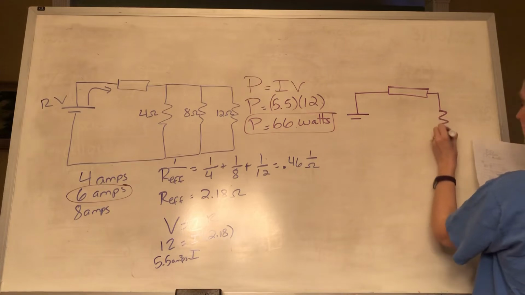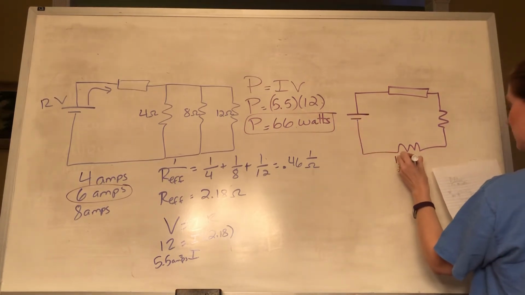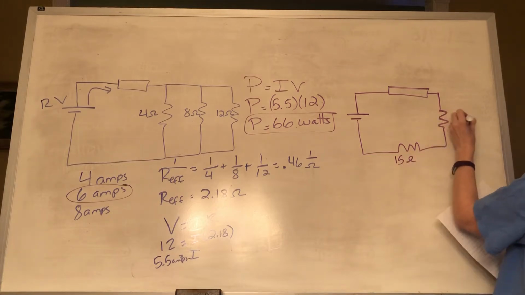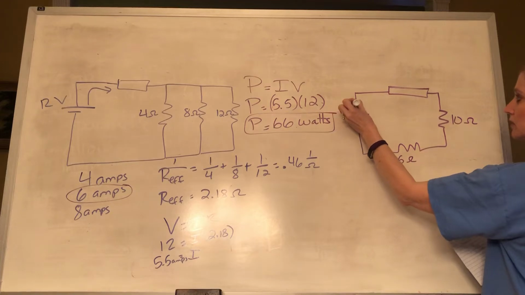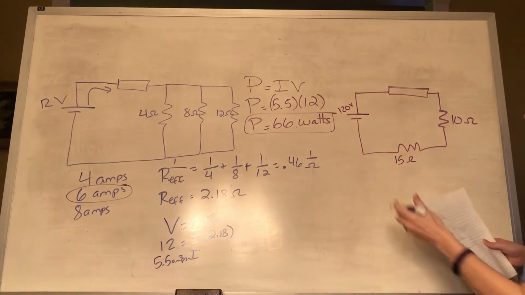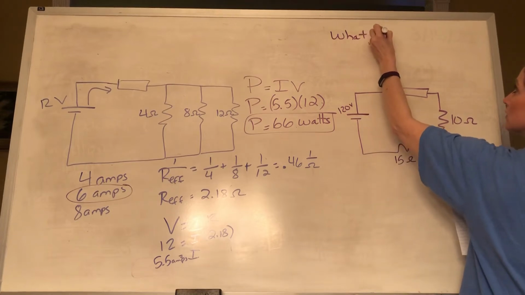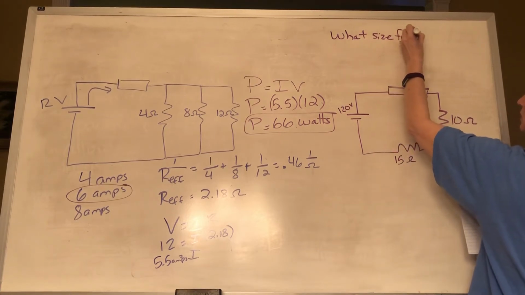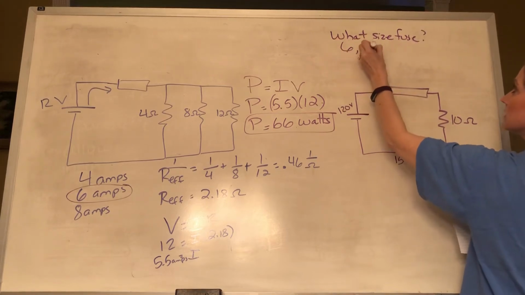This one is in series. We've got 15 ohms, 10 ohms. This is 120 volts there. And so we're looking at what size fuse. This time our choices are going to be 6, 8, or 10.